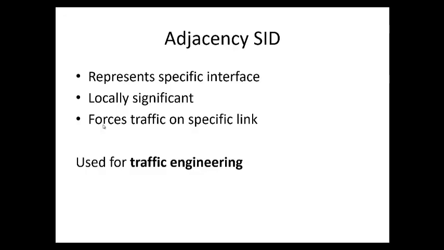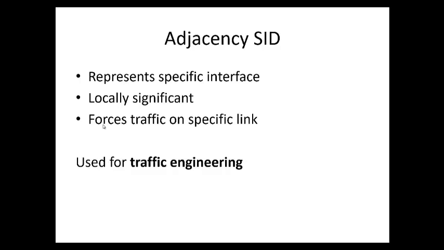Adjacent SIG ID. This is locally significant, meaning IGP will not advertise this to anyone. Only the directly connected router will know that this is my link and this is the ID for my link. This represents a specific link interface.